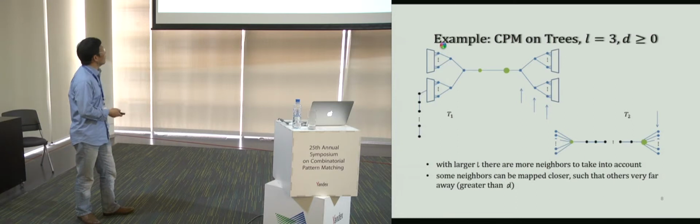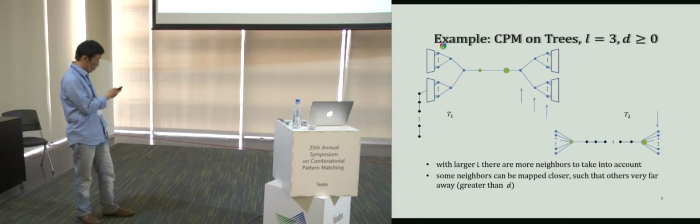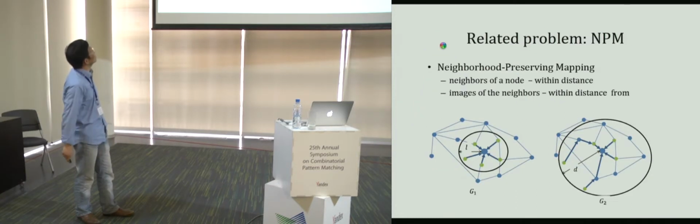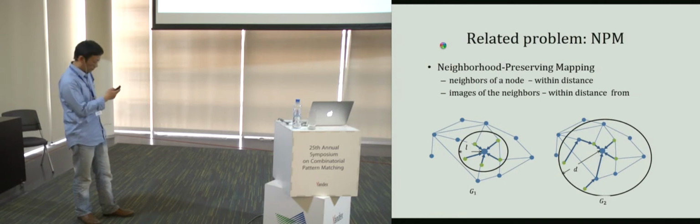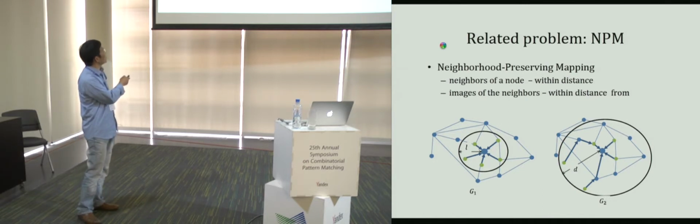Another model we introduced last year, at Watson, is that we don't consider the total distance of these guys and the images.